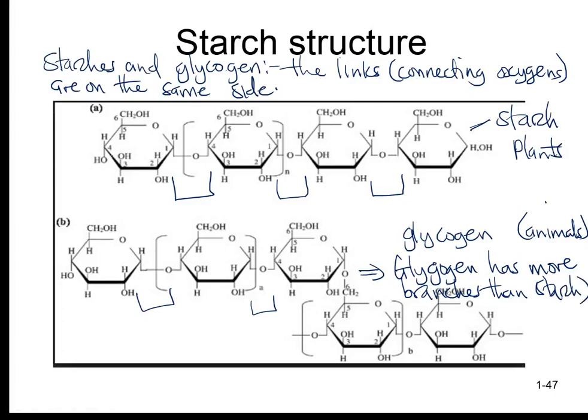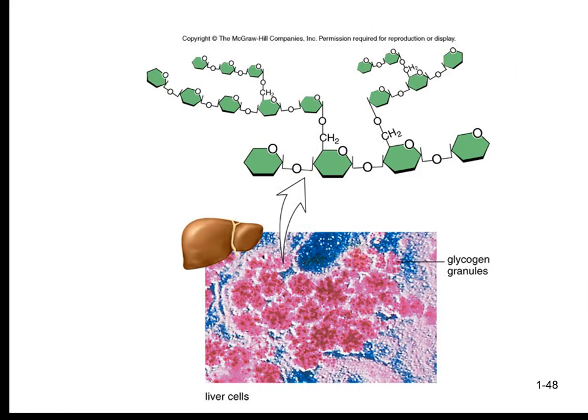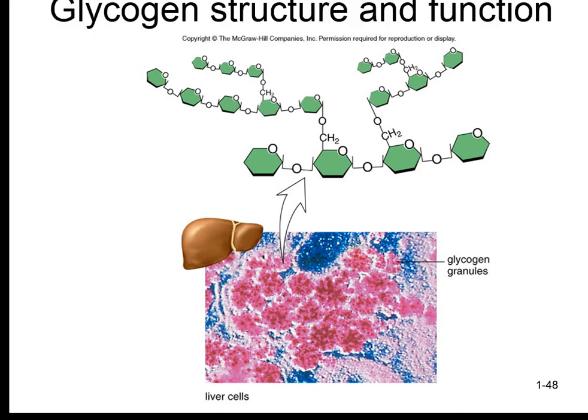While for starch, it's just a straight line, no branches. So that's another difference between glycogen and starch. As you can see, this one is a glycogen. You can see the branches here, right? Take note of the branches. That's glycogen.